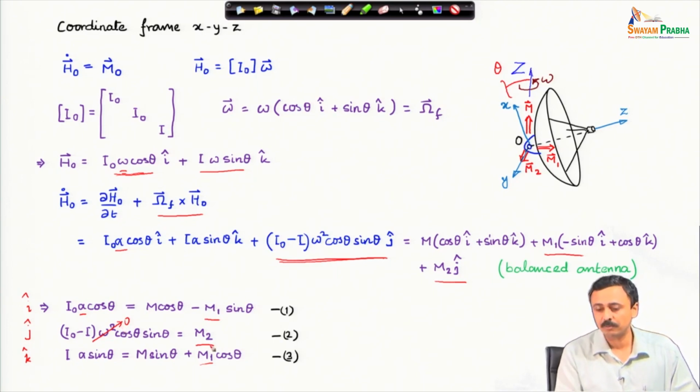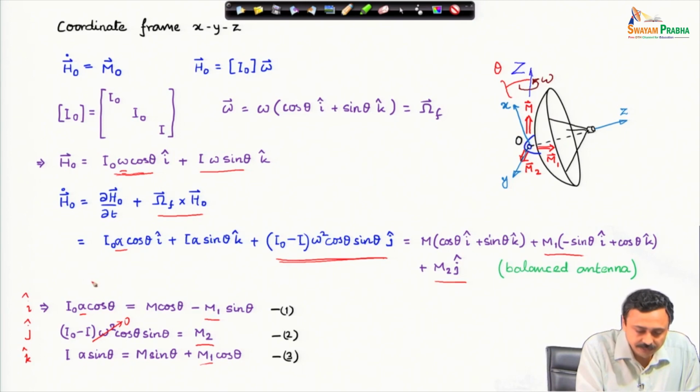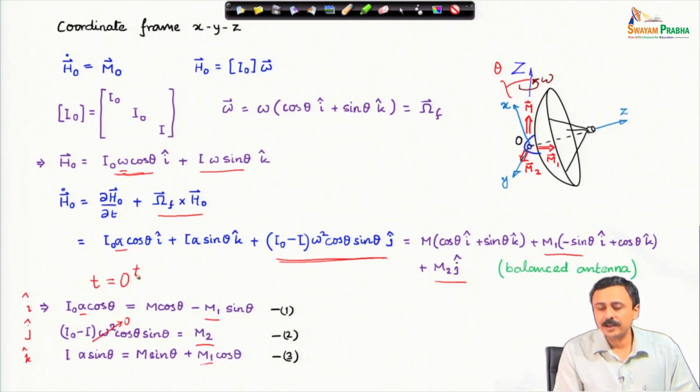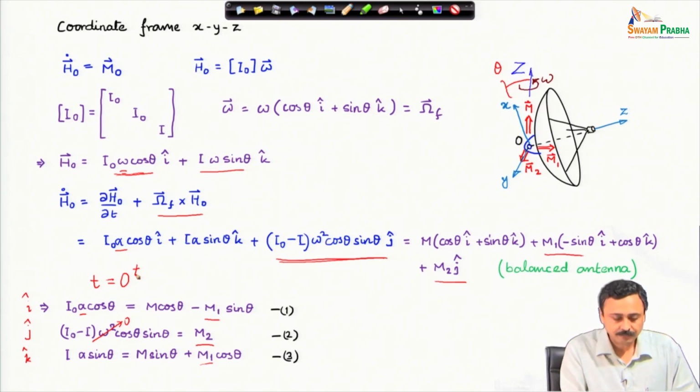There is no net moment about m2, but this is only at time t equal to 0 plus when the moment was applied. As the antenna starts to rotate, omega 2 will generate and you will have moment m2 in the y direction. This is only for time equal to 0 plus, just after that moment has been applied, but the antenna has not started rotating.